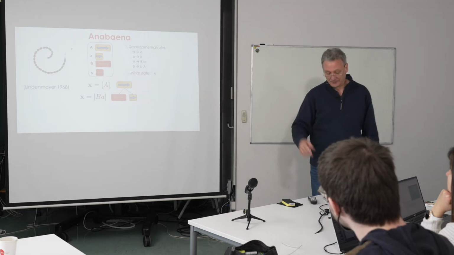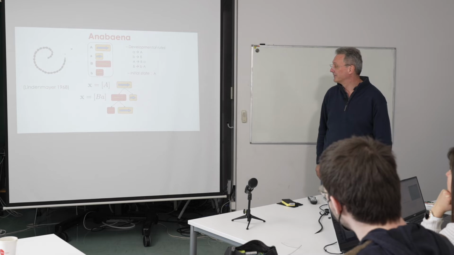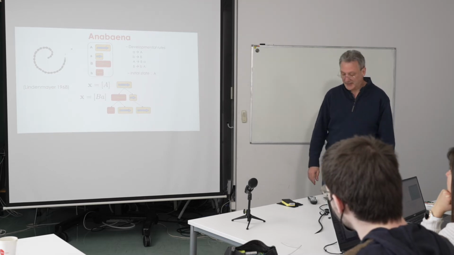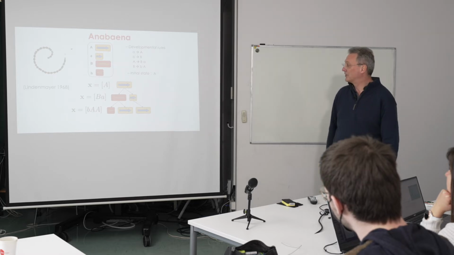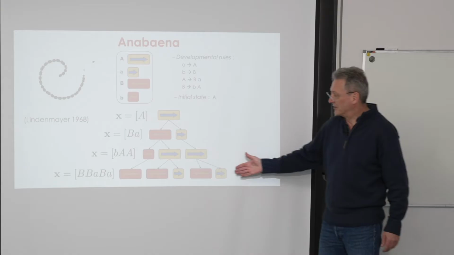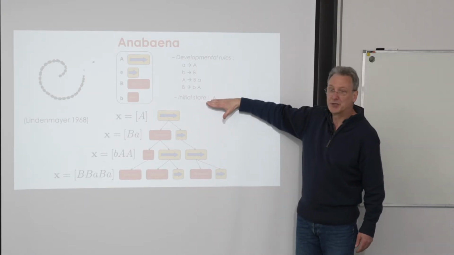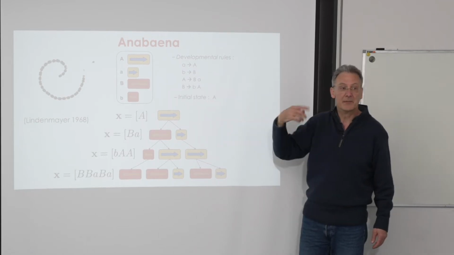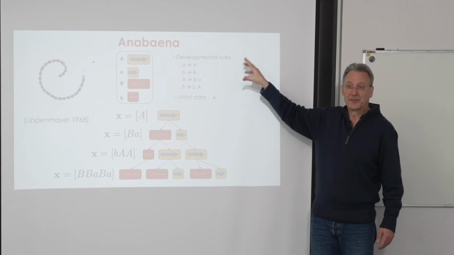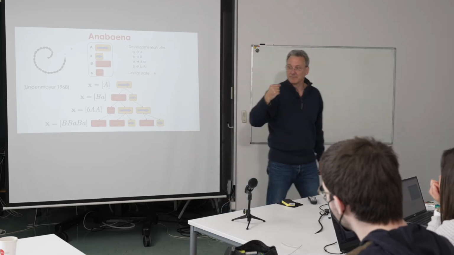Okay, now if I continue, the big cell will divide and give two cells, and the small cell will grow, and then in the end I will have three cells, and my state will be represented by this, and so on. You see that the system is going to grow according to this rule from an initial state, which is A. Okay, so similarly to what I said before, this type of stuff, let's call it stuff for the moment, is able to capture the evolution of my system.